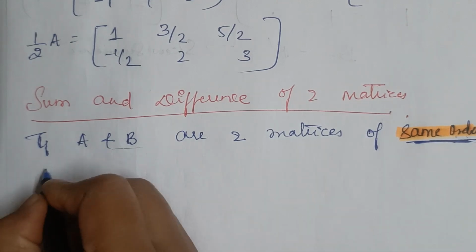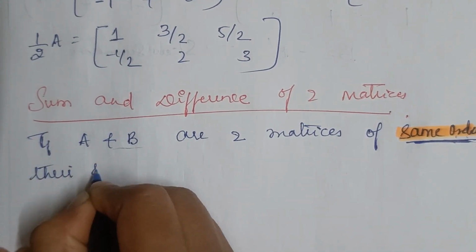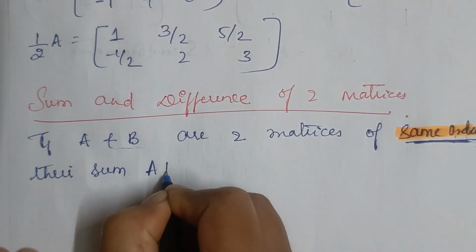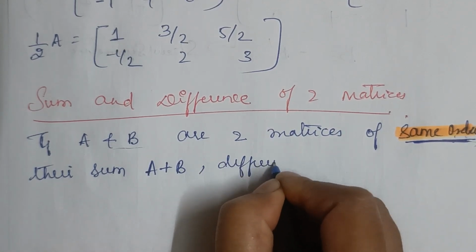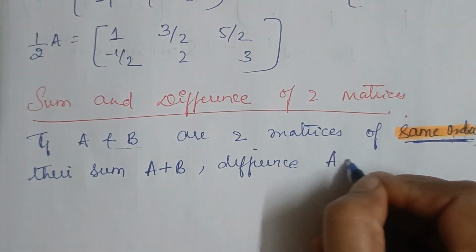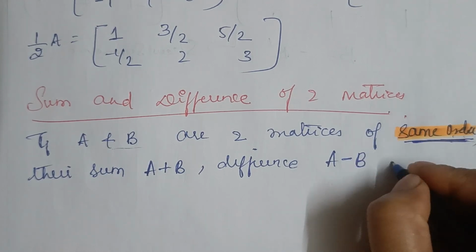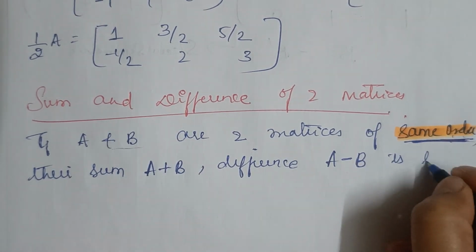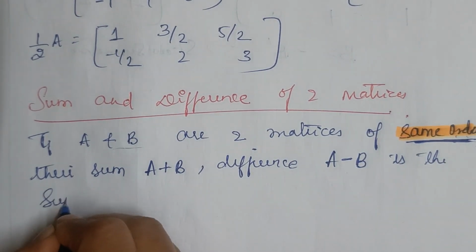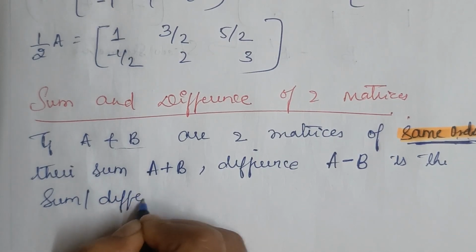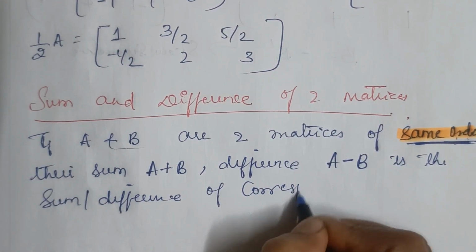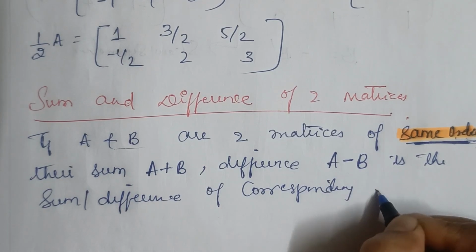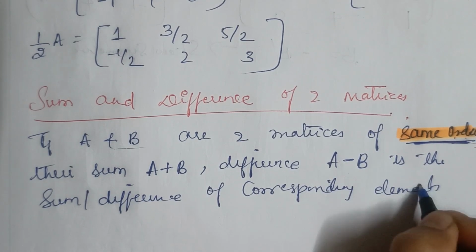So their sum is going to be matrix A plus matrix B, and the difference is going to be A minus B. So this is the sum or difference of corresponding elements.